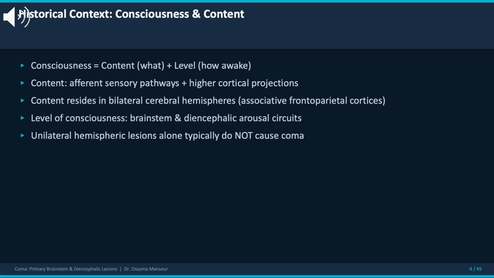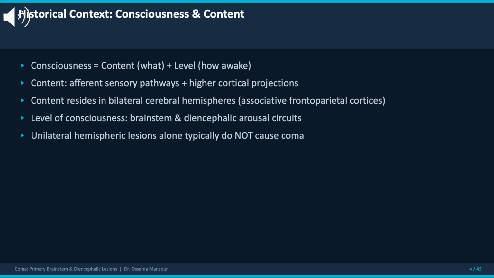To understand coma, we must first understand normal consciousness. Consciousness fundamentally encompasses two distinct but interrelated dimensions: content and level. Content refers to the means by which information is obtained from the environment, collected and integrated in the brain, and subsequently reacted to.